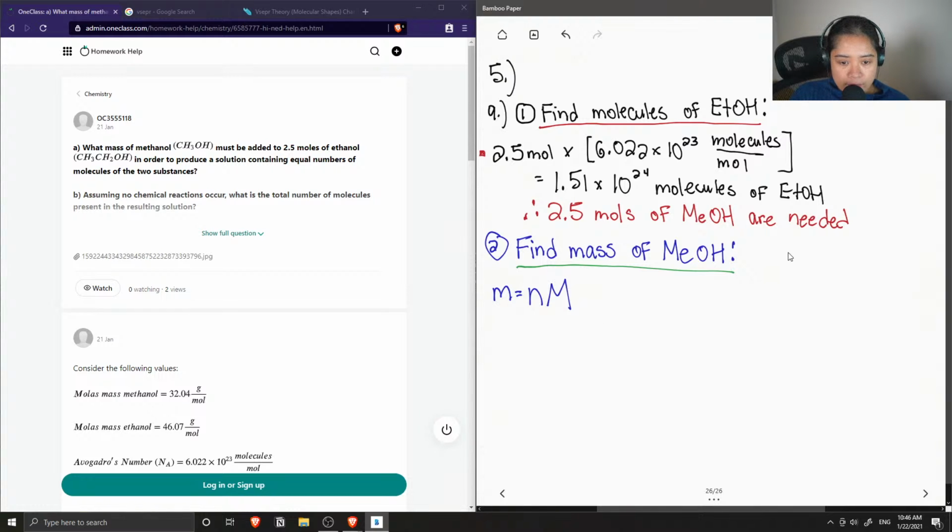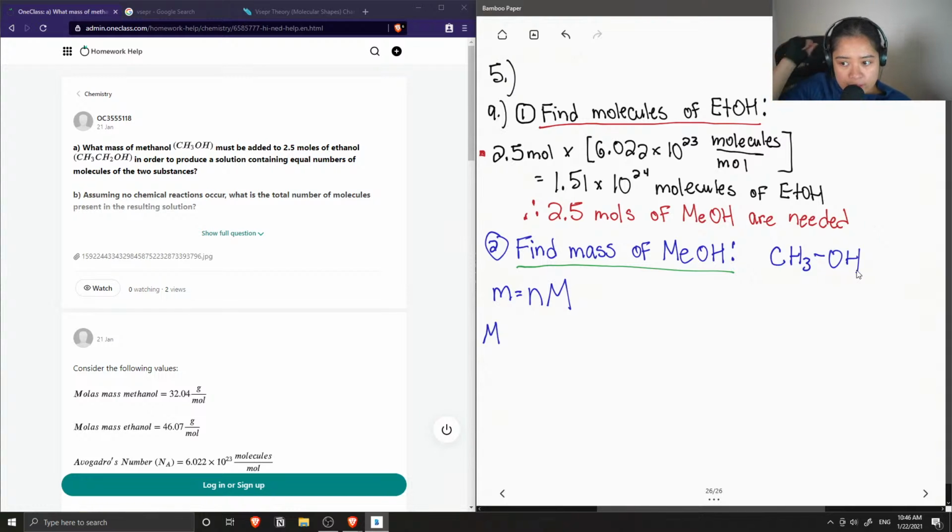So let's find the molar mass of methanol, maybe just down here. So methanol has the structure of CH3 and an OH group.